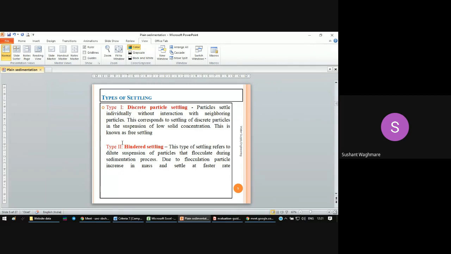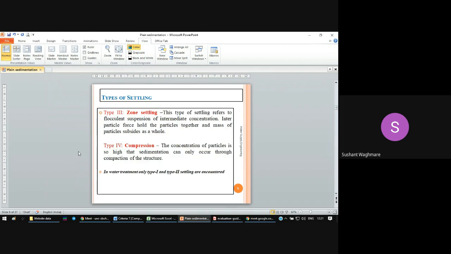It creates a floc where all the particles are attracted to the chemical. As we know, it will get heavier than water, so it will definitely come down to the bottom of the tank. So this is basically a faster way of settling as compared to discrete particle settling.